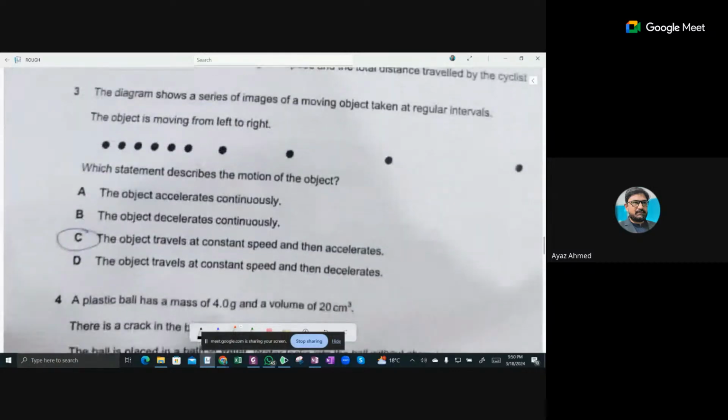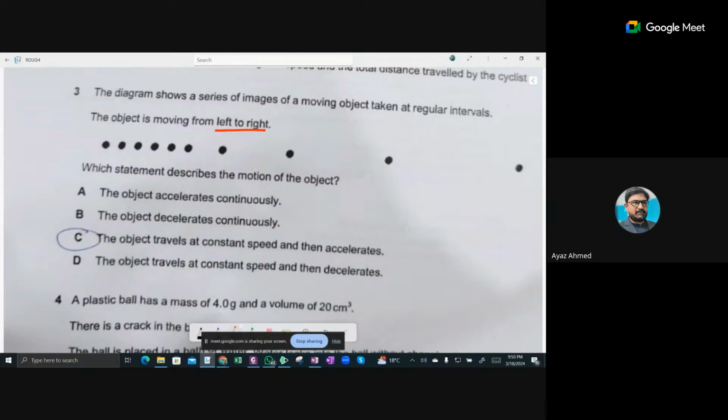Option C is fine. Then a diagram shows a series of images of a moving object taken at regular intervals. The object is moving from left to right. Regular intervals mean the time is fixed. Which statement describes the motion of the object?